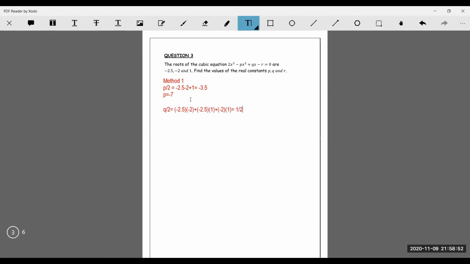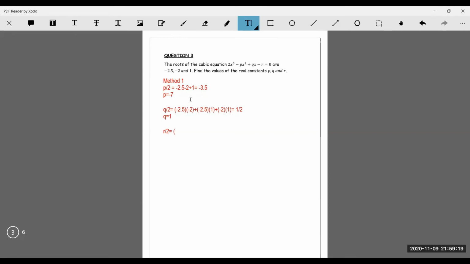Now if Q over 2 is equal to a half, that tells us that Q is equal to 1. Finally, minus D over A is just minus R over 2, and minus D over A is minus R, and so that becomes R over 2 is equal to the product of the three roots.